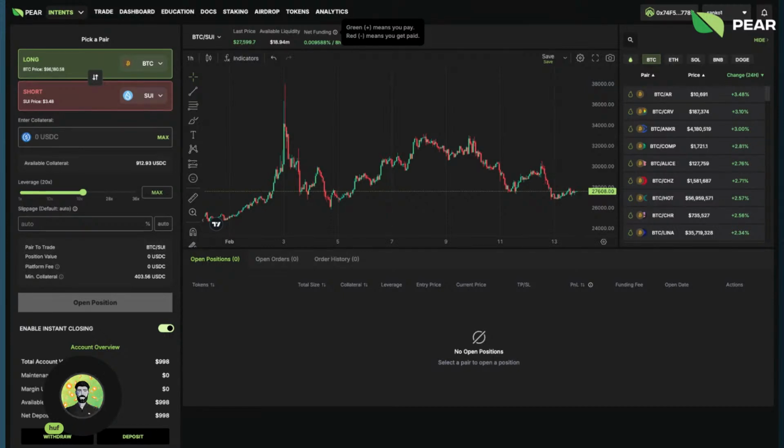And because Bitcoin is still green, net you have to pay, but you can see it's a minuscule amount compared to if you were just outright longing Bitcoin, which if you go to trade Bitcoin, it might not seem like a lot, but annualized 11% you're paying to be long Bitcoin.